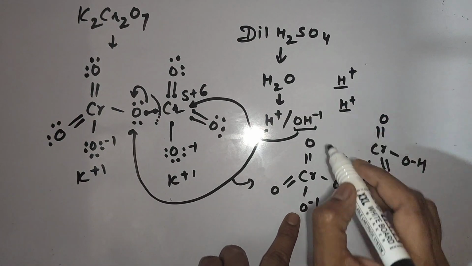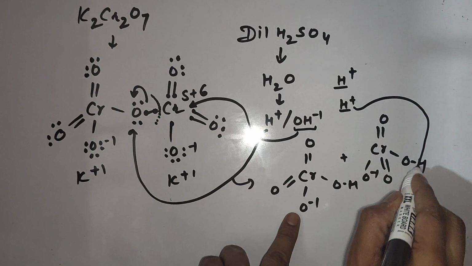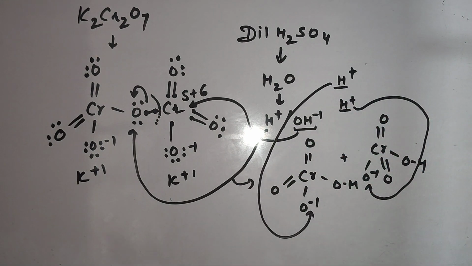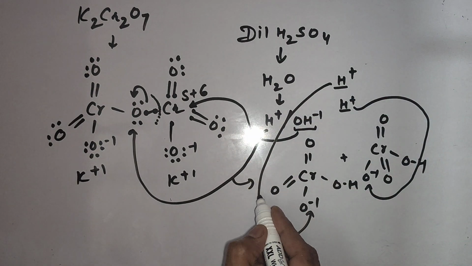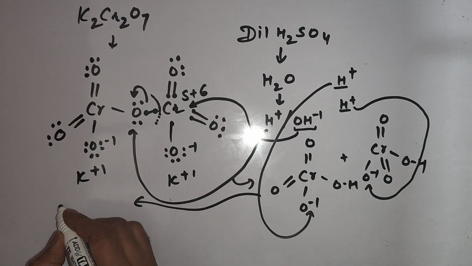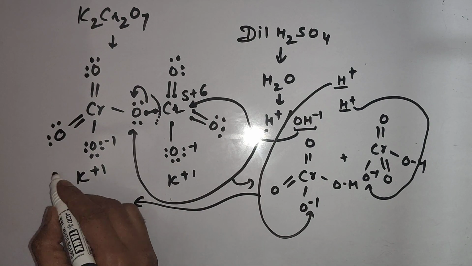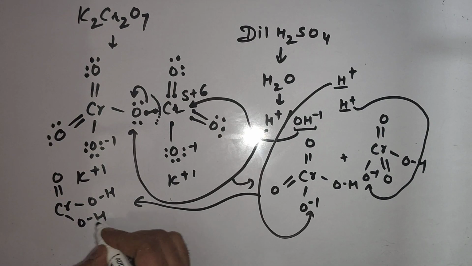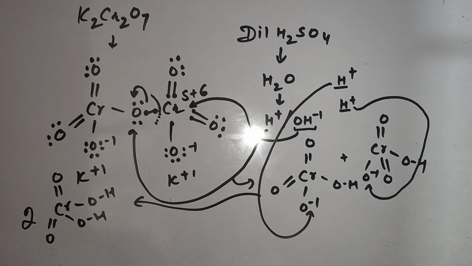Due to H positive ions, we will have an attack on these O negative ions, due to which these particles will transform into this one. Two particles of this. Now what is this?